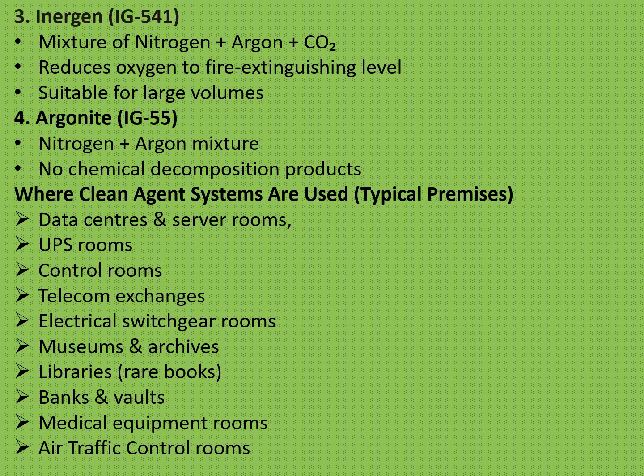The next category is banks and vaults, where banks contain valuable monetary items. Next is medical equipment rooms, and next is air traffic control rooms in the case of aerodromes and airports.